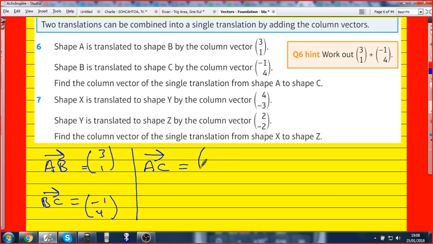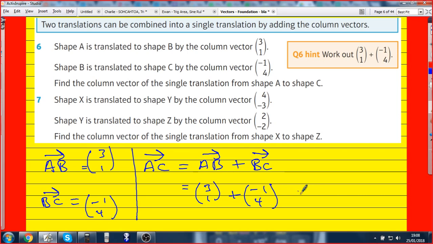Well, isn't A to C the same as A to B and B to C added together? Correct. And so AB was 3, 1. And BC was -1, 4.